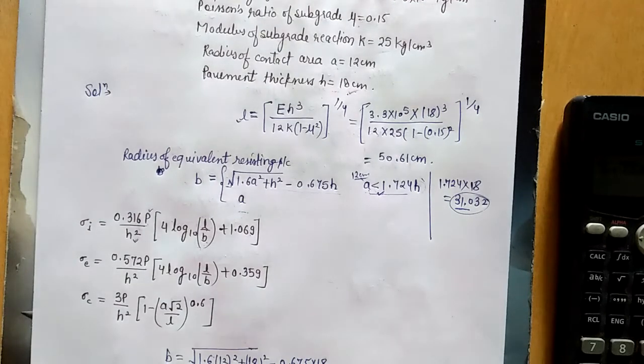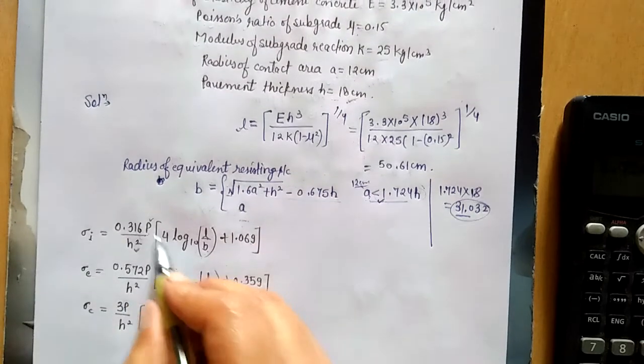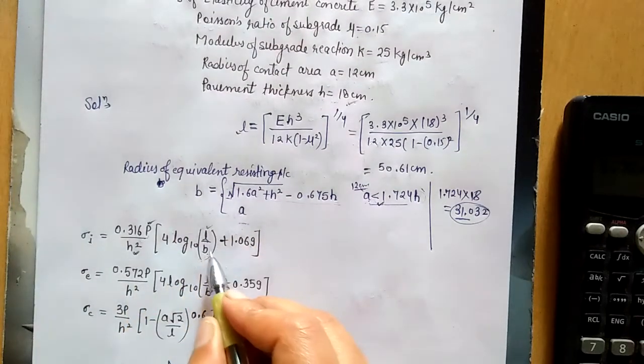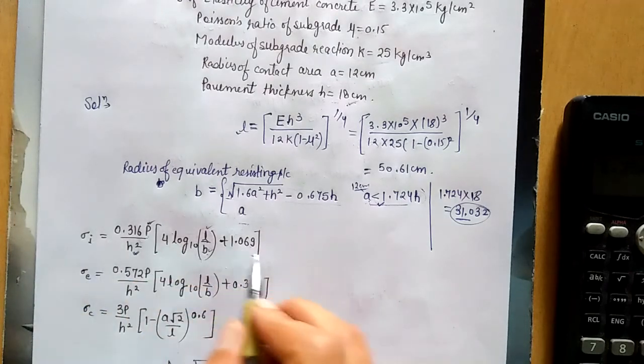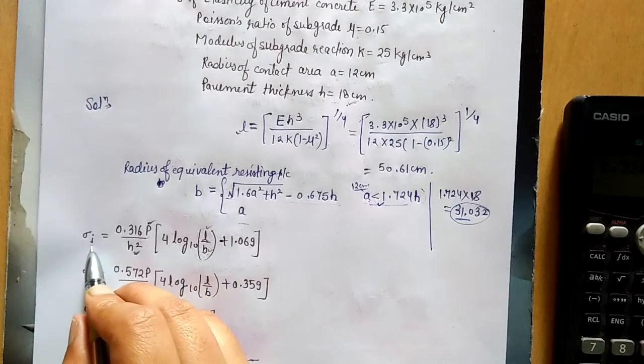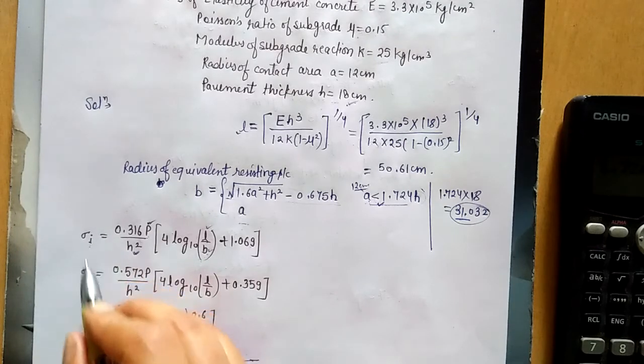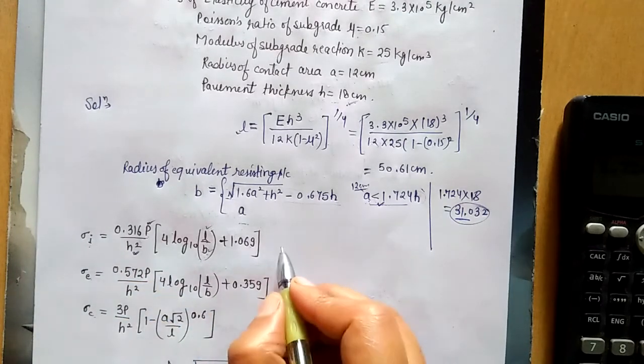After calculating this value, b comes out to 11.39 centimeter. Okay, so now we have the values of P, h, l, b, and all these values are constant here. So we can easily find our stress at the interior, edge and corner as well.